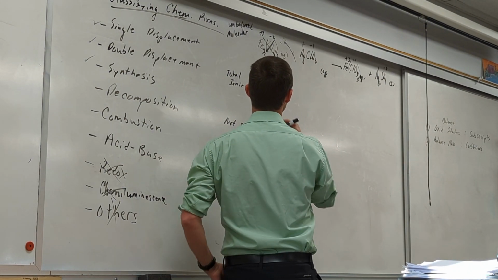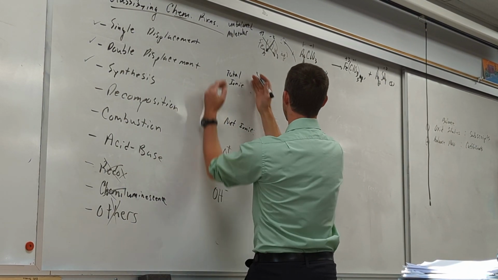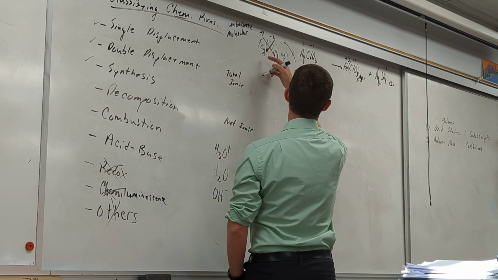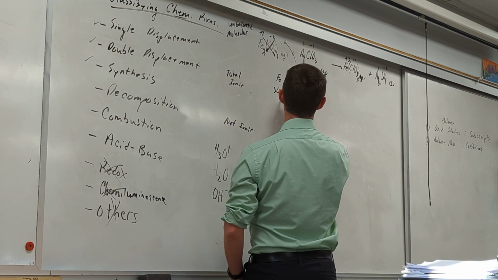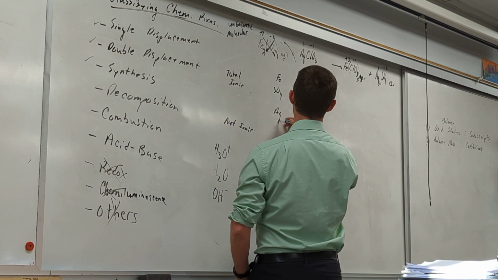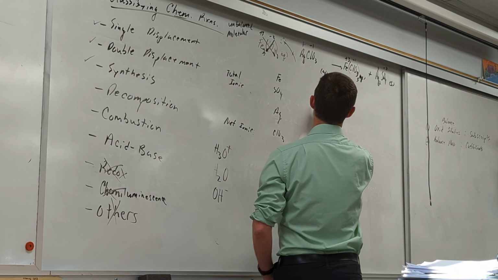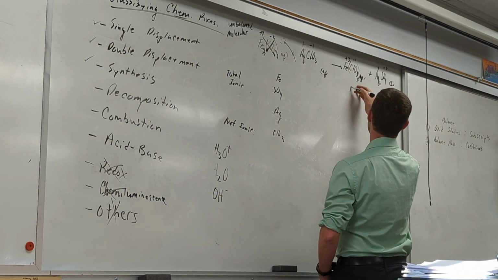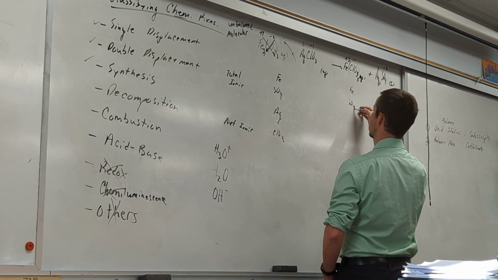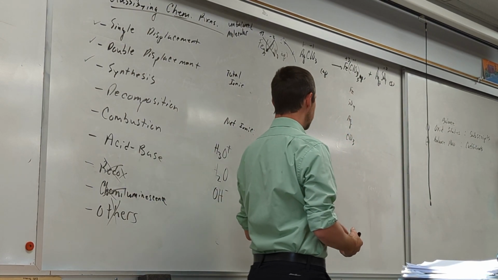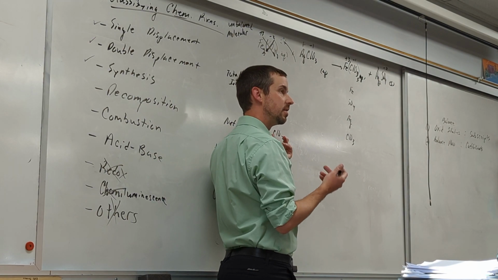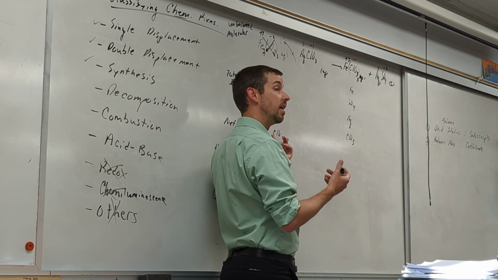Okay, now let's go ahead and balance it. Again, you don't have to go through all these steps. This is just a general idea here. So if these elements show up on the reactants, they also have to show up on the products as well. A lot of times I try to keep the polyatomic ions together.